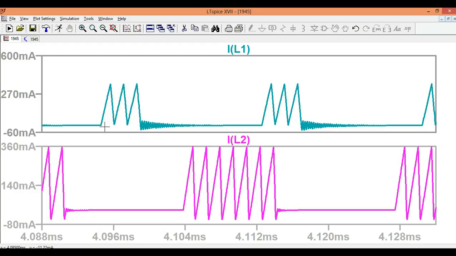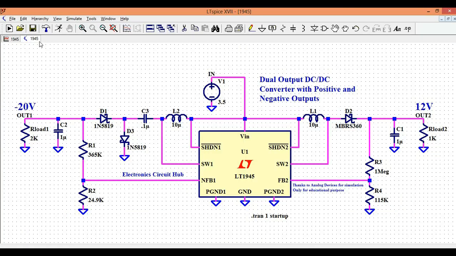So I have both waveforms, starting from the positive 0 to the peak value of around 356. Here, this is around 0 volt, 0 milliampere, and I am seeing the positive peak current. In this case, if you look here, it's coming even below 0, to negative 49, and we have peak to peak current for the negative, and peak current for the positive inductor current.